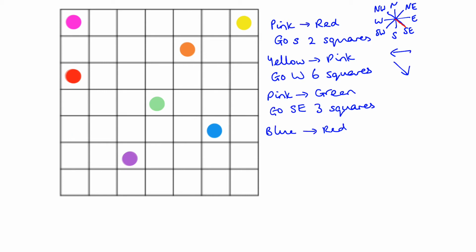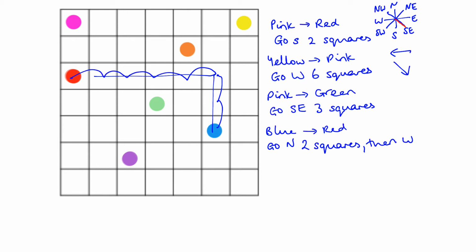So we'll go the second way that I said, where we're going that way. Okay, so what we need to do is go north. So that's 2 spaces, 2 squares. Then you need to go to the left, so that's west, and it's 1, 2, 3, 4, 5.